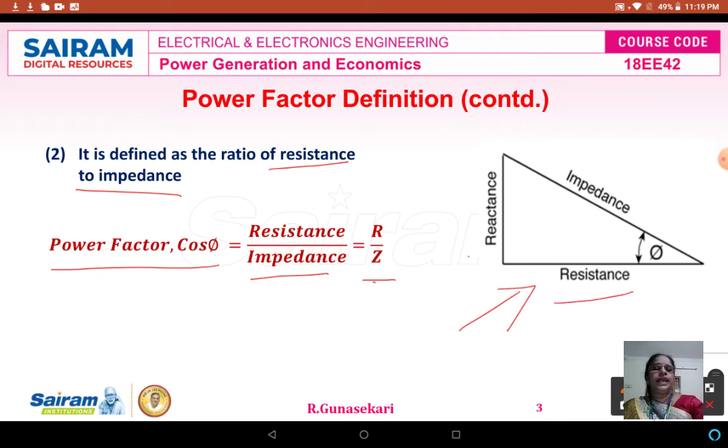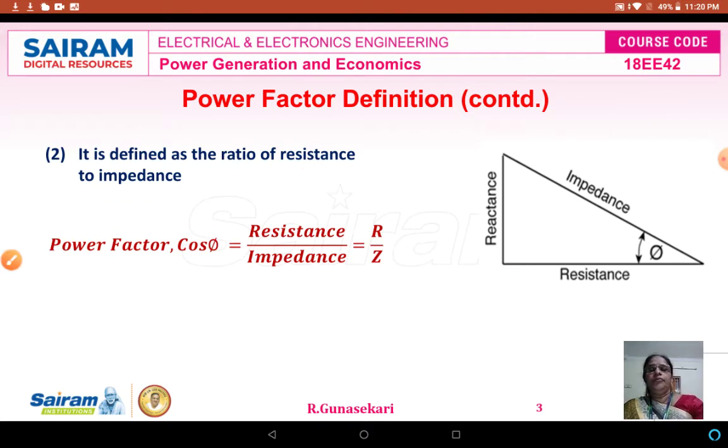Resistance, reactance, impedance, the angle is phi. So cos phi is the adjacent side divided by the hypotenuse, that is resistance divided by impedance, equal to R by Z. This is one of the definitions of power factor.